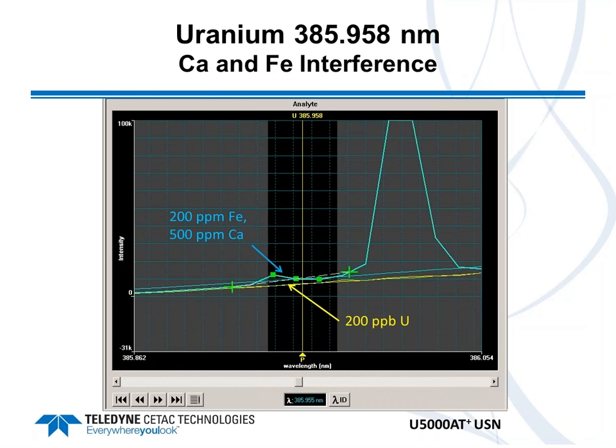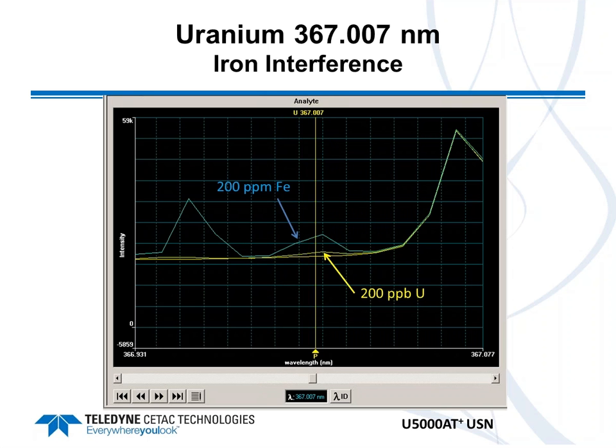So first, again looking in order of the uranium wavelengths that are available, we looked at the 385 nanometer wavelength. And we did notice, after parsing through single element standards of iron and calcium, some interference there at 385. Of note, we didn't really notice that much signal from the 200 ppb uranium standard. We then looked at the next wavelength in intensity, uranium 367, and we did notice a very distinct iron interference at that wavelength.